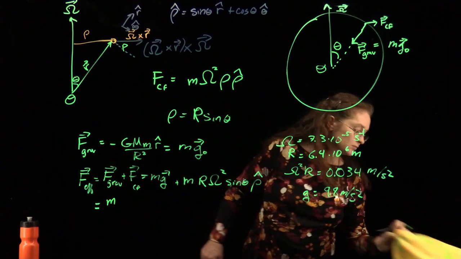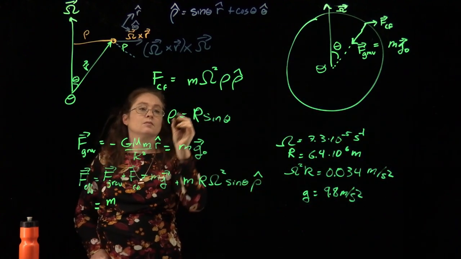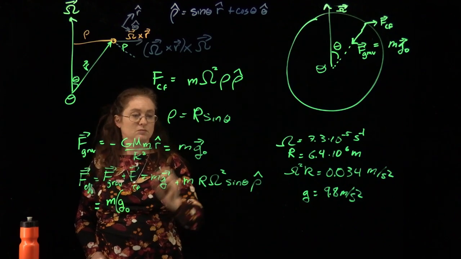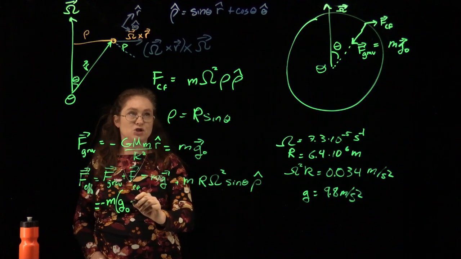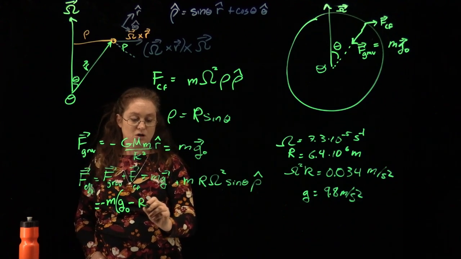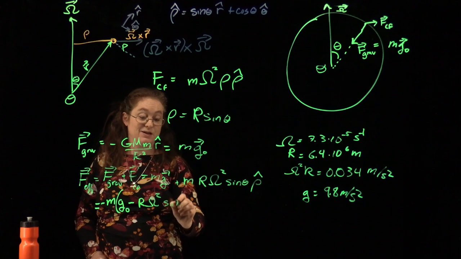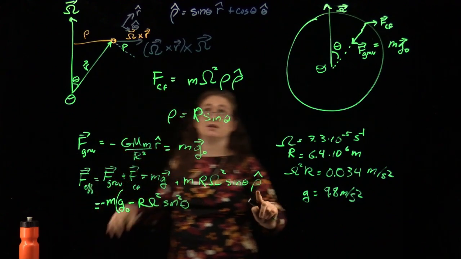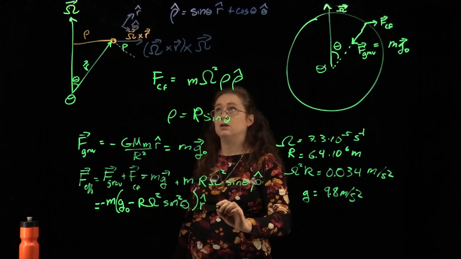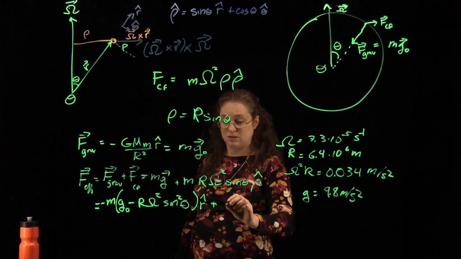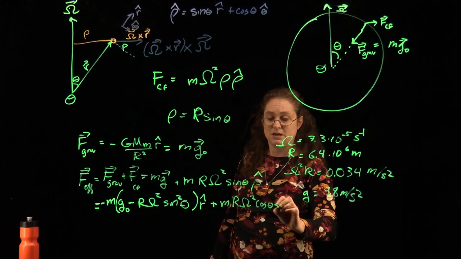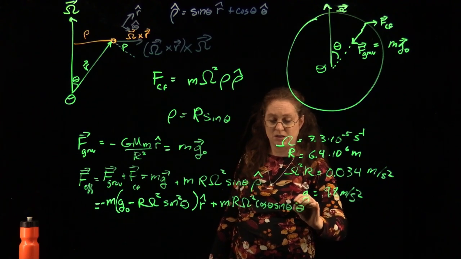It's a negative mg naught minus m r omega squared sine squared theta, because I'm plugging in this expression for rho hat in the r hat direction, and then plus m r omega squared cosine theta sine theta in the theta hat direction.